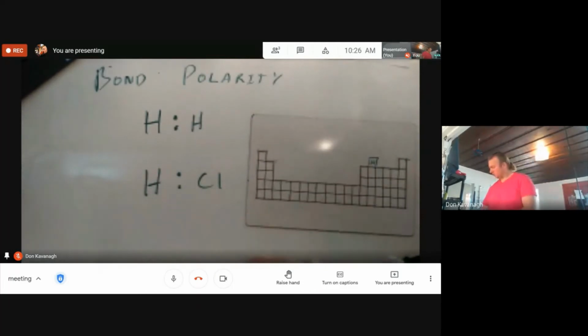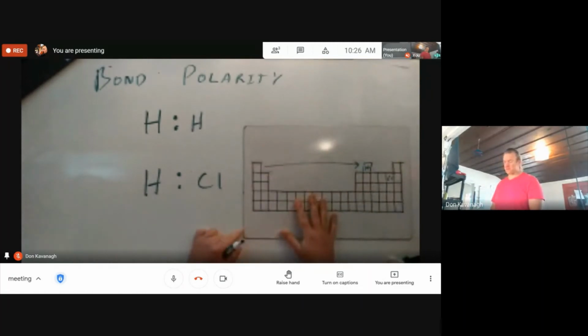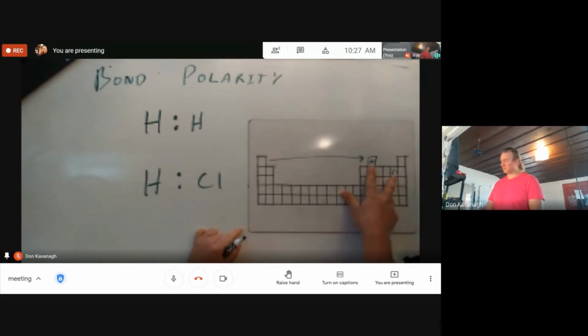Hydrogen and chlorine are in these respective places on the periodic table. Fitting the electronegativity trend on the periodic table, placing hydrogen above carbon fits much better in there. If we take the difference or subtract these two electronegativity values, we would get a difference greater than 0.4.